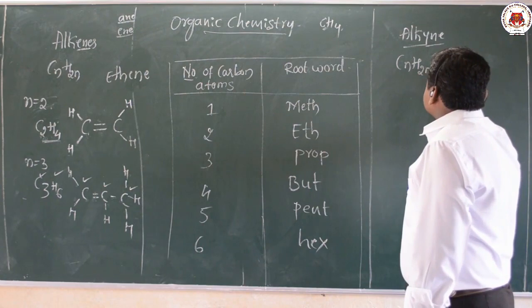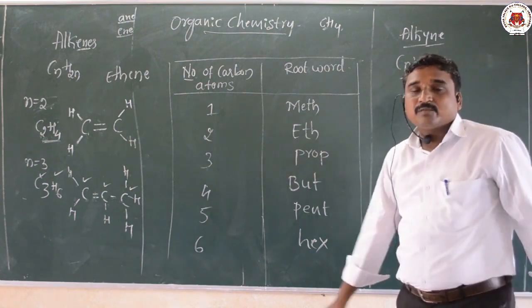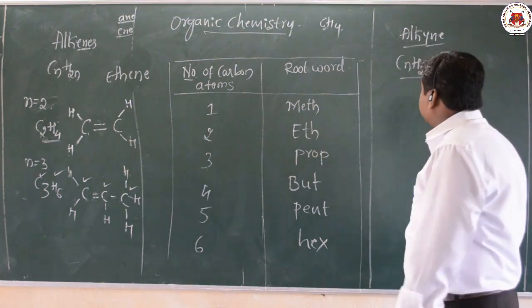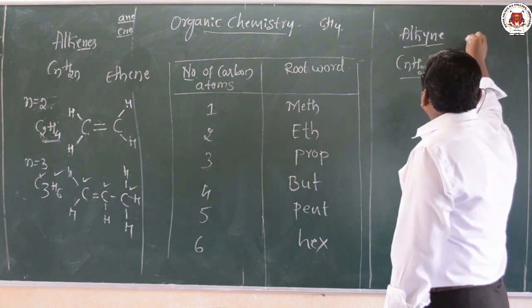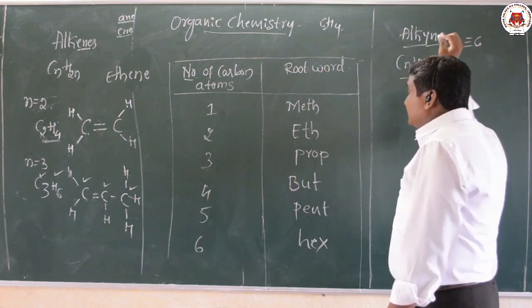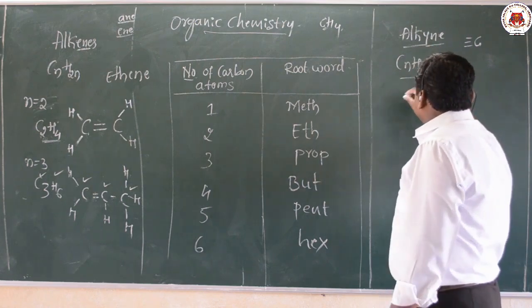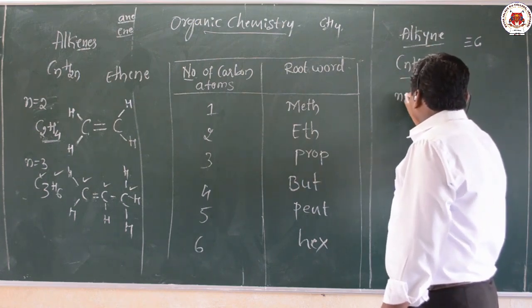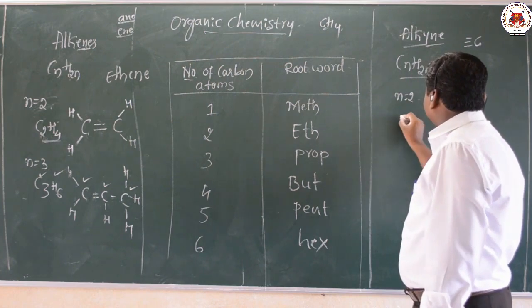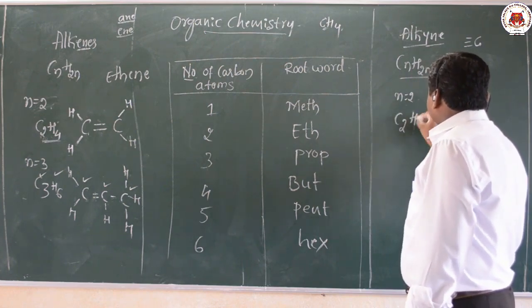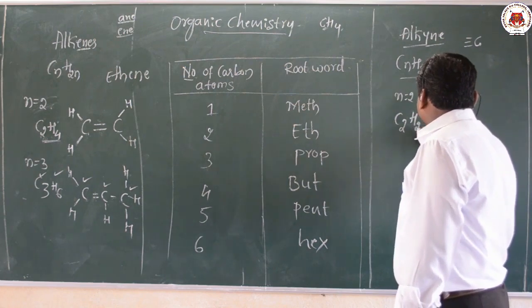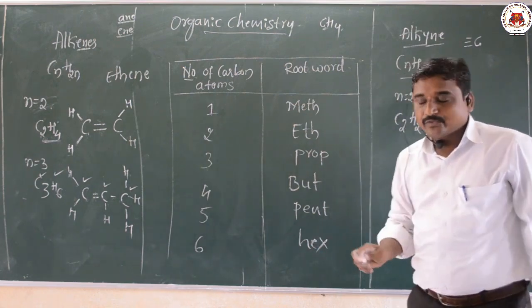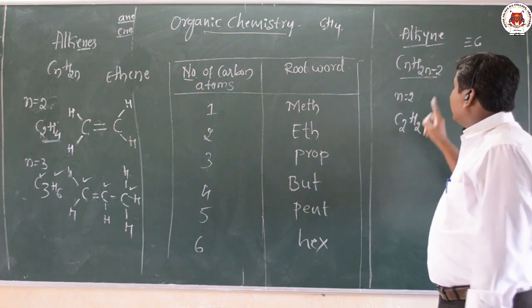CnH2n minus 2. So this is the general formula for the alkynes. Let us again take the compound containing a triple bond. For this reason the value of n starts again from 2. So I will write C2, 2 into 2 that is 4, minus 2, that becomes C2H2, the first member of the alkyne.